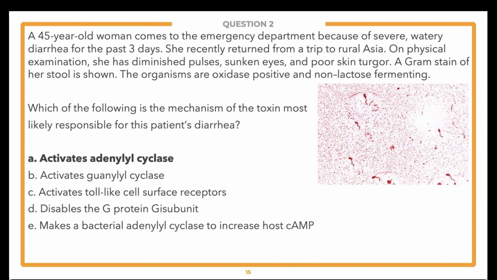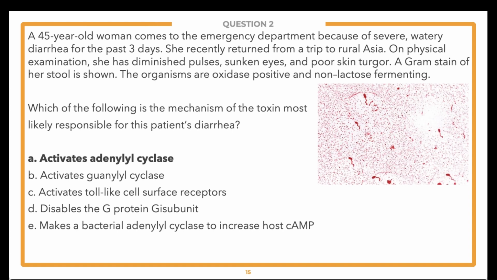So based on this presentation, the symptoms of watery diarrhea and severe dehydration. You see the dehydration there in the diminished pulses, the sunken eyes, the poor skin turgor, right? Traveling abroad to a rural region where Vibrio cholerae is endemic. Most likely, it's a Vibrio cholerae infection, right?